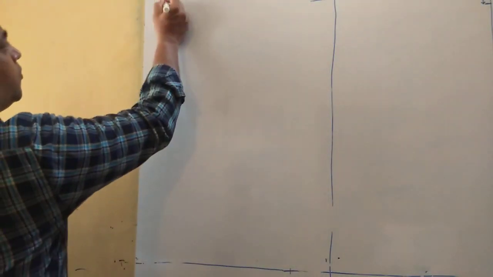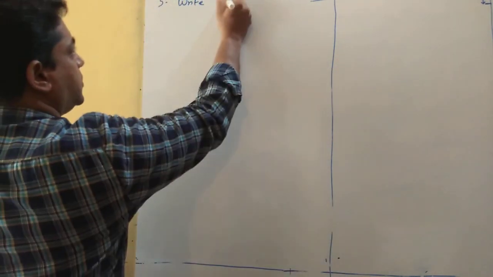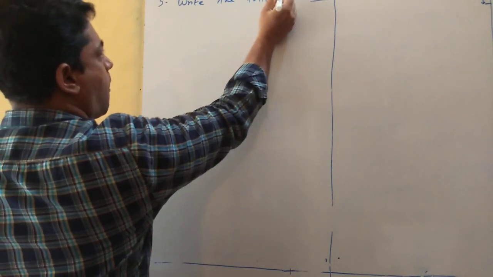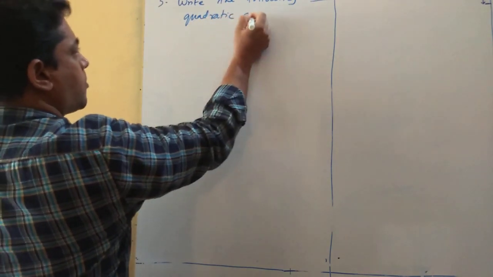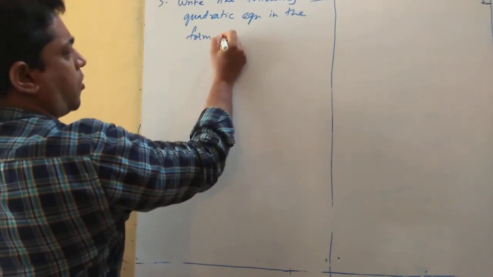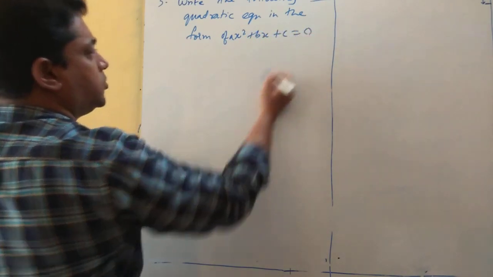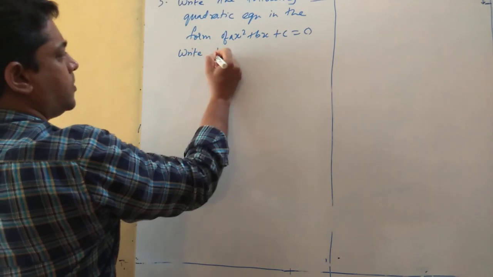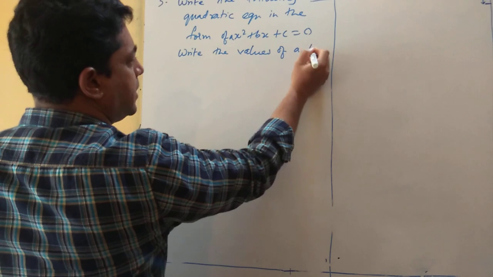Write the value of a, b and c for each question. Okay, so write the following quadratic equation in the standard form that we have to write, of ax square plus bx plus c is equal to 0. Write the values of a, b and c.